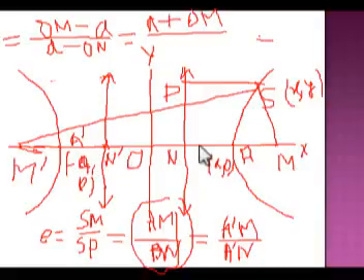A prime N will be OA prime, this distance, plus ON. So OA prime is A, plus ON.